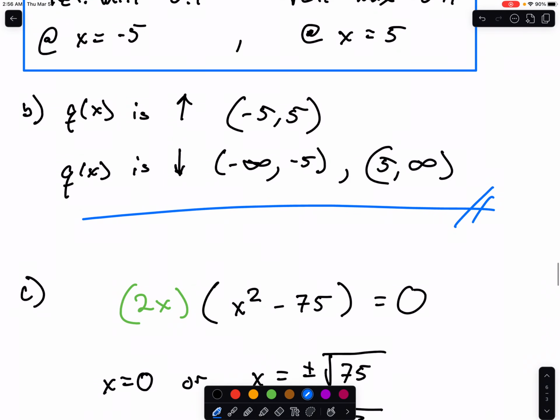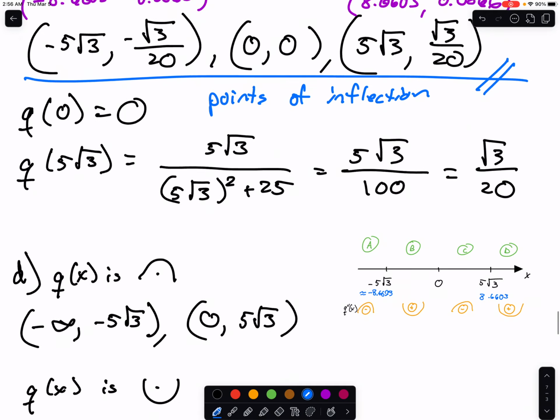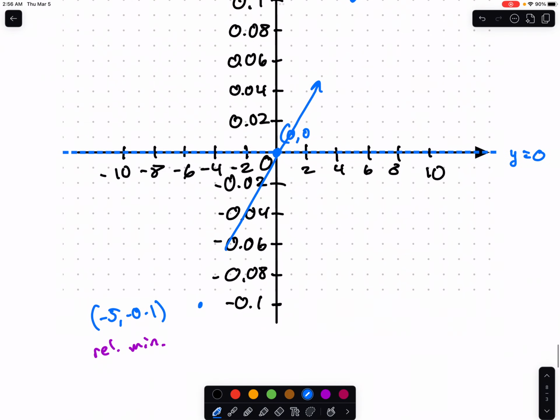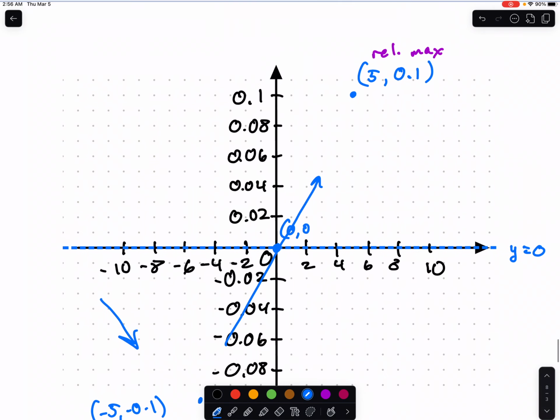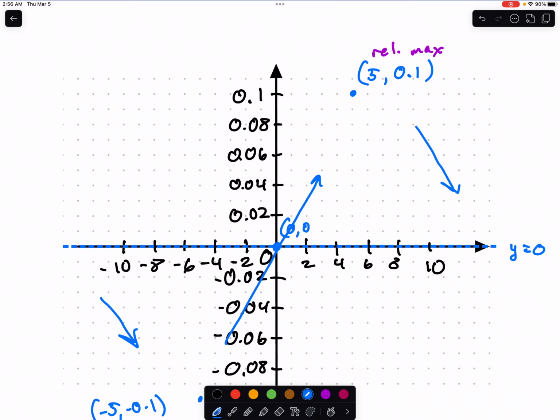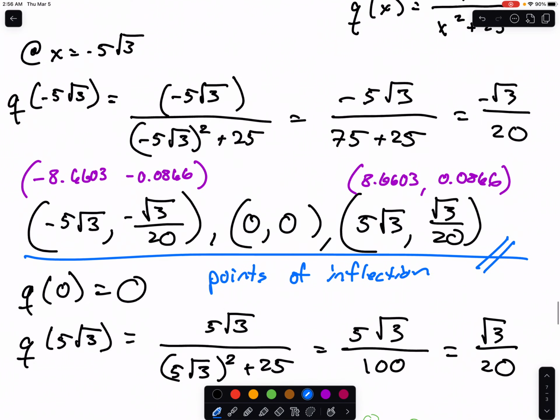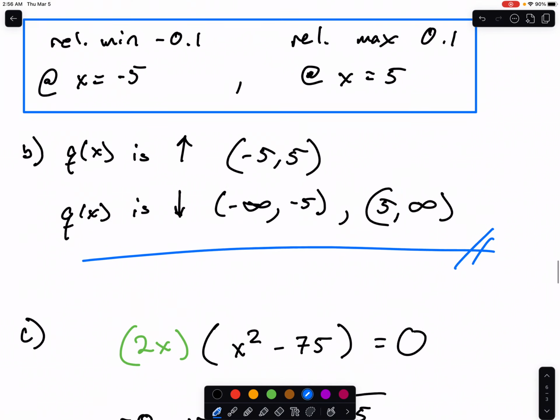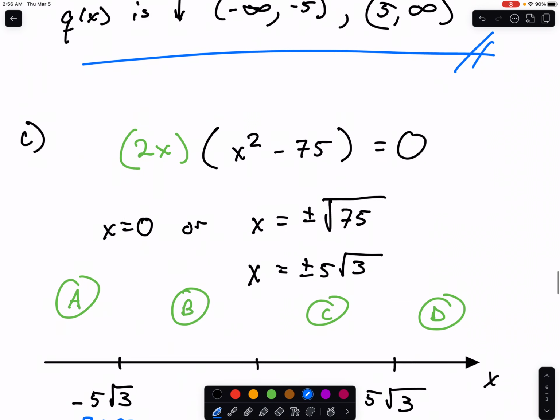So on the far left is decreasing and on the far right is decreasing. So we only had one x-intercept. So we have that it's decreasing over here and it's decreasing over here. Okay. So let's keep going. I think that was B.